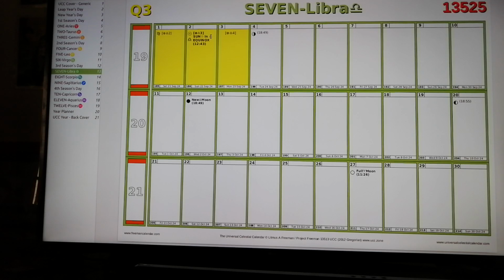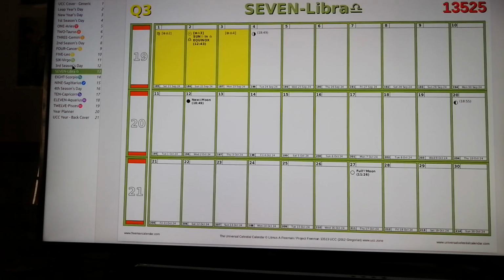When the sun goes into Libra, that's when it crosses the equator going south and goes from the northern hemisphere into the southern hemisphere, and that day is opposite the Aries equinox. So this is the Libra equinox. But both of those equinox days are when we have equal hours of day and night. Okay.